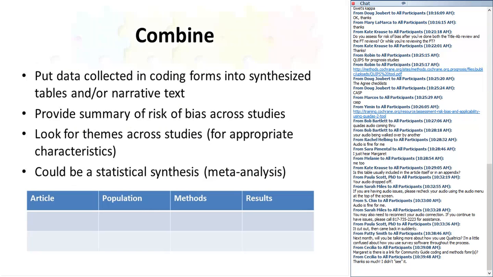Sometimes it's not really straightforward as to what tables would look best. We've all seen those reviews where they have one table that might take up like 8 pages or something like that with all of the population and things like that. And those tables are important because we do need to know all the relevant information about the studies.